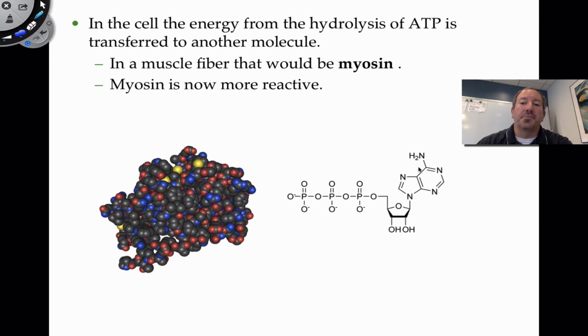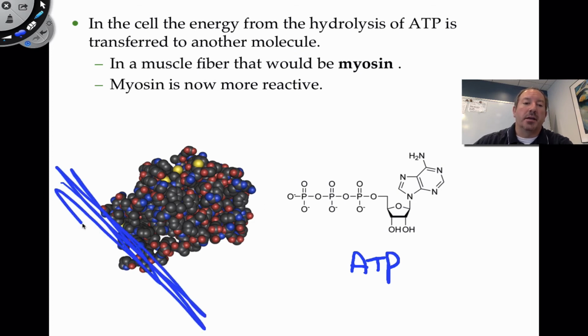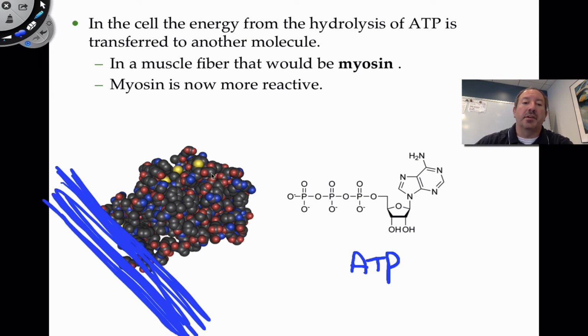And so again, here's a picture of, you might recognize this, this is ATP, and what's going to ultimately happen is, picture this as being the myosin. Okay, here's the myosin, and here's one of the heads sticking out, and you're like, what is all this? These are amino acids which compose the protein of myosin. What's going to happen is ATP is going to donate one of its phosphates. And so let me bring it over like this, and it's going to stick it onto this, which is negatively charged.